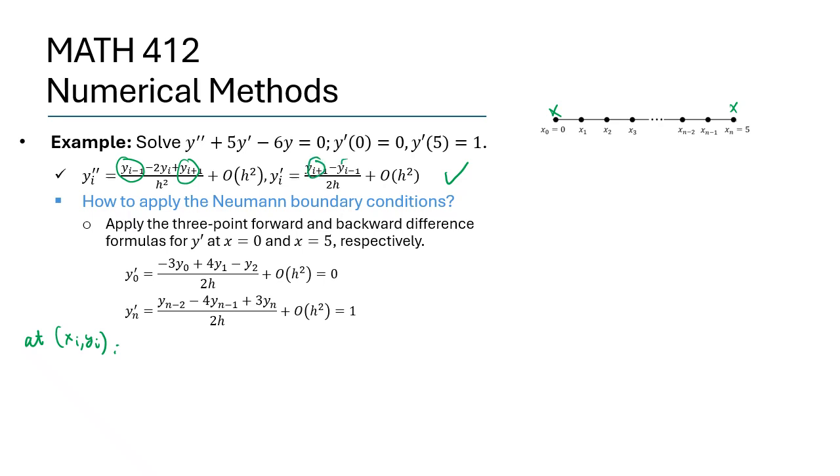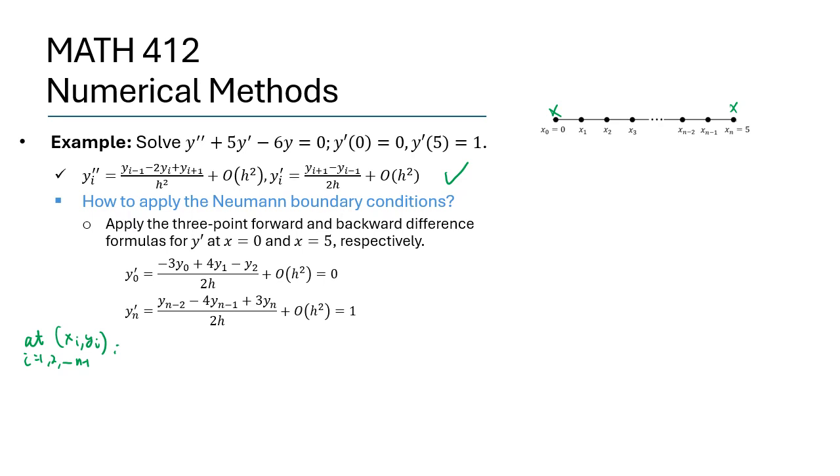For the last point they are not valid. So therefore i must be 1, 2, until n minus 1. Now we'll see how to do it.